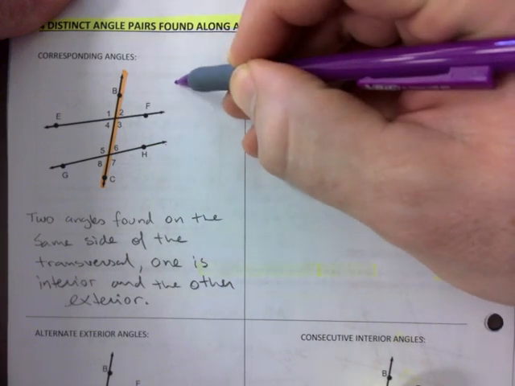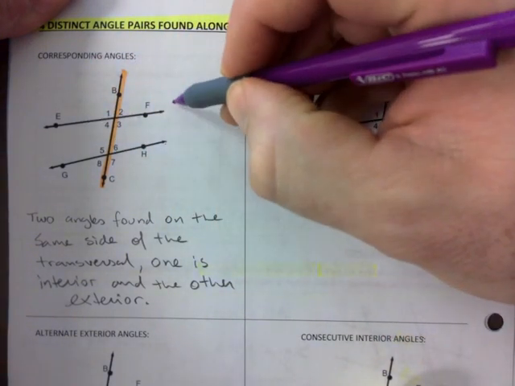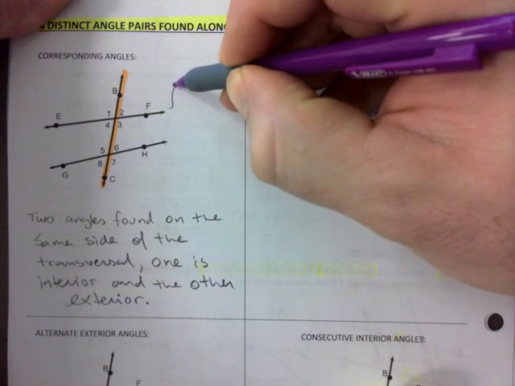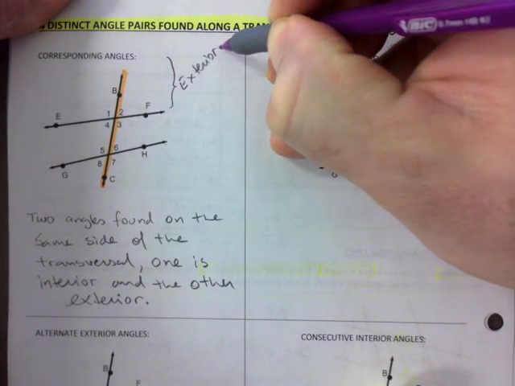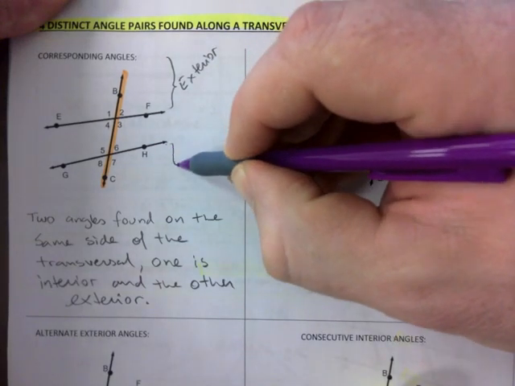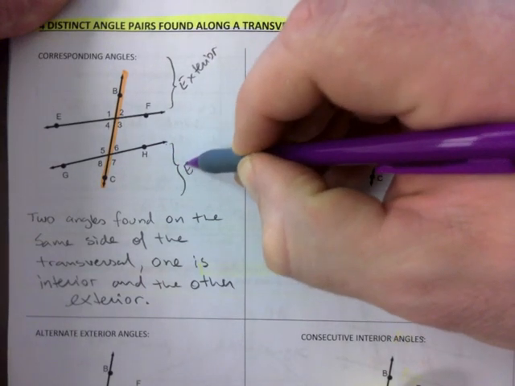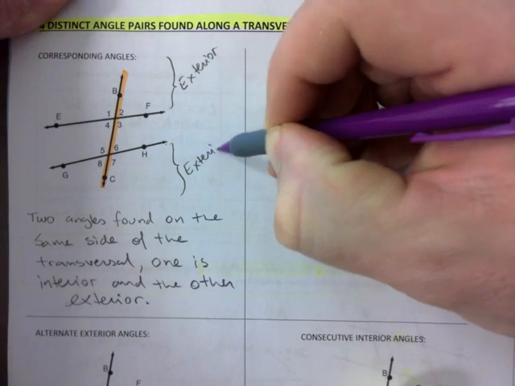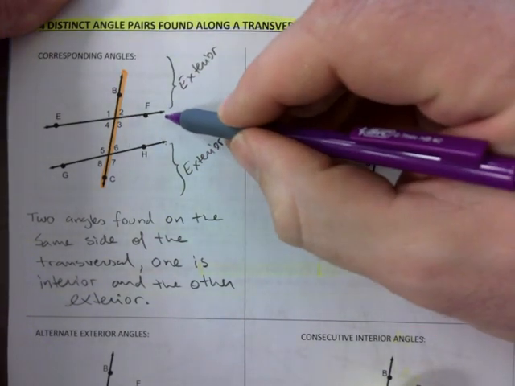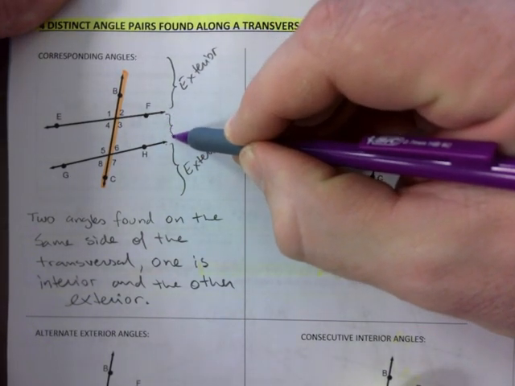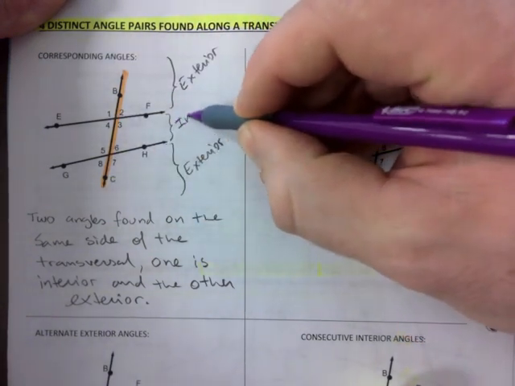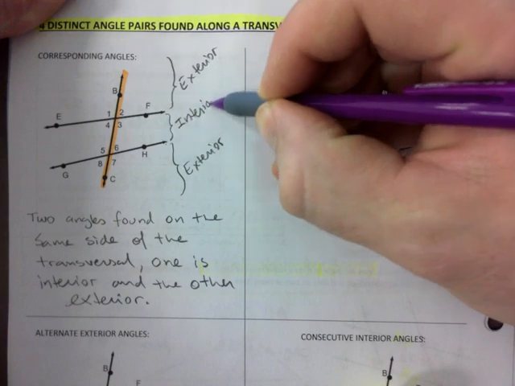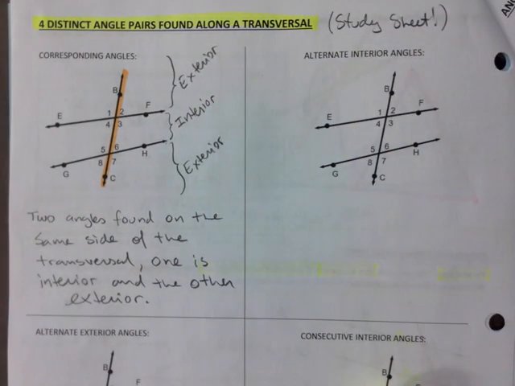So everything outside of it, anything out here, is considered exterior. Both of these extremes will be considered exterior, and therefore anything in between the two lines that the transversal is cutting is considered an interior angle. And that's the same for all of these diagrams, by the way.